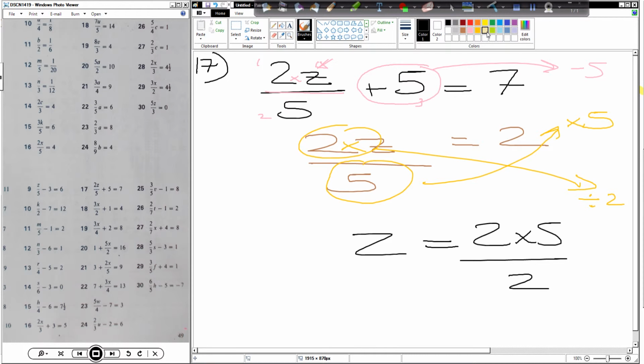What happens to the 2s? 2 divided by 2 is 1. They cancel each other out. So what are we left with? z is equal to 5. Finished. So you've got a fraction there, no fraction there, it's all one. Okay, I'm going to now give you some questions to do.